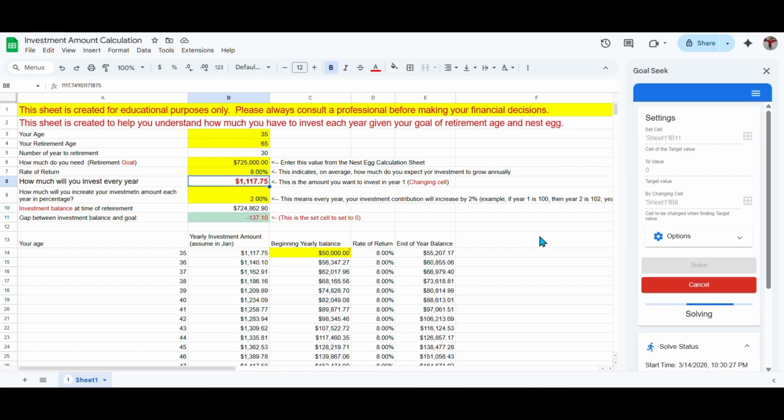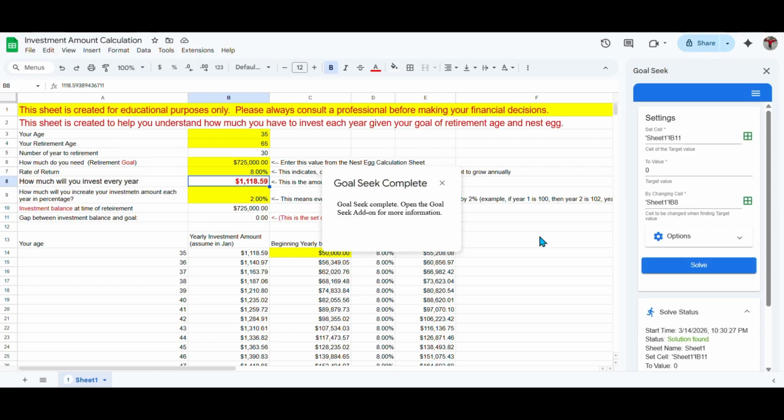So this one looks like it's converging pretty soon. And this says that we need to invest roughly $1,100 a year from the age of 35 to 65, provided that we already have $50,000 in the investment portfolio right now.